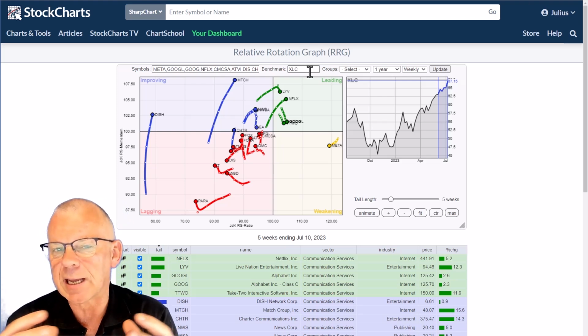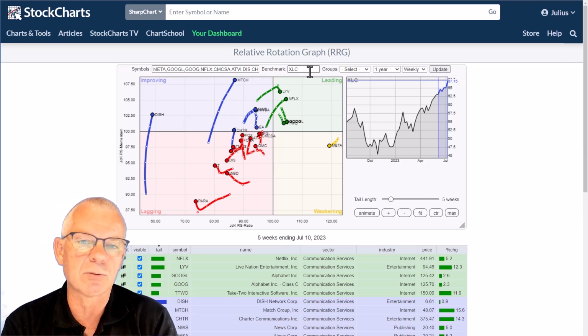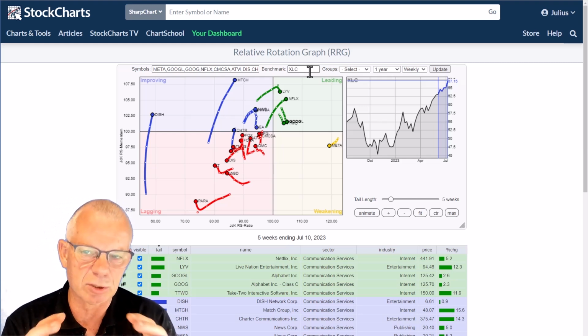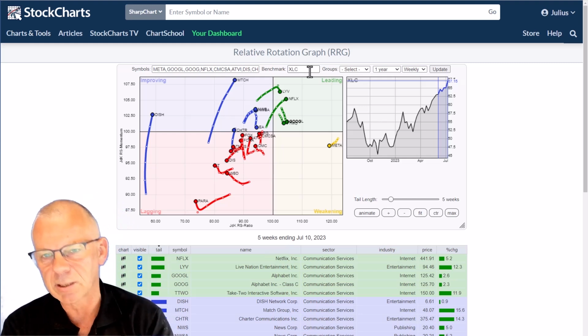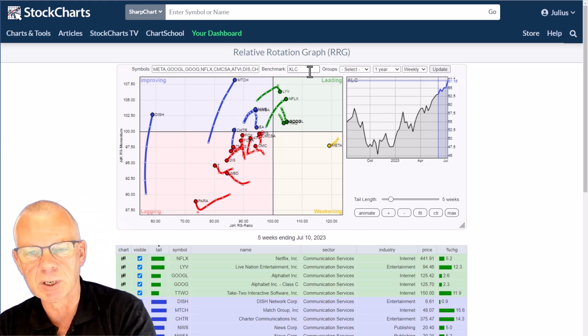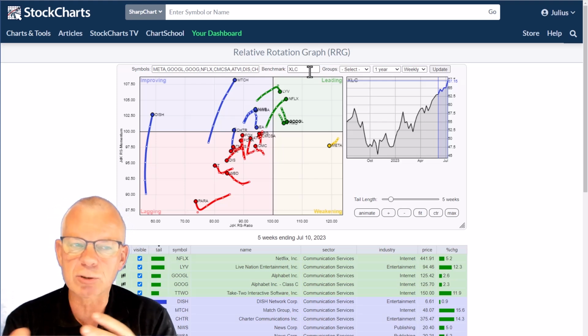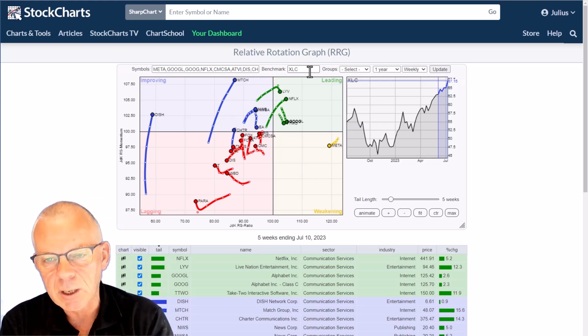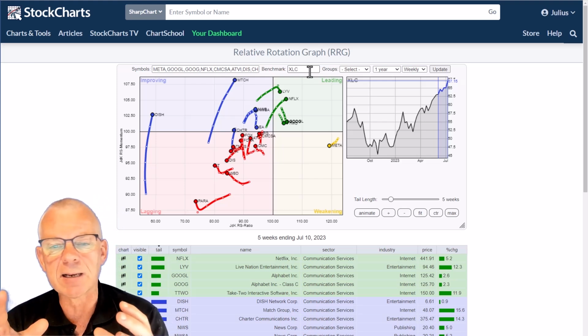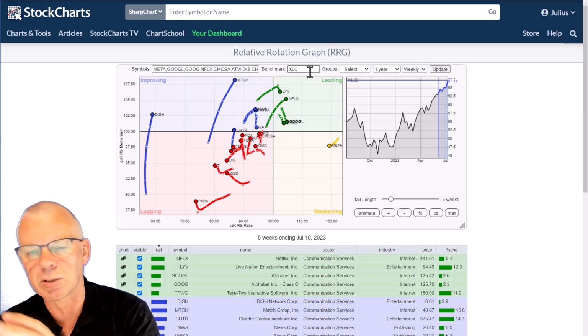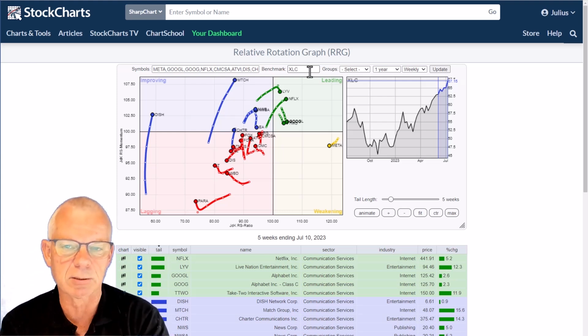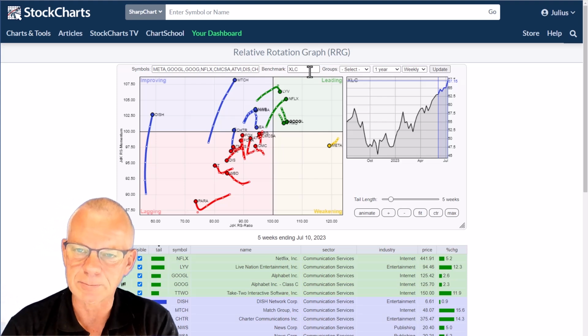The reason for that is that it makes a lot of sense to compare the individual stocks in a sector with its sector benchmark, because if a sector is particularly strong or particularly weak, you will see that all the stocks will cluster in the same direction because the sector itself is so strong.